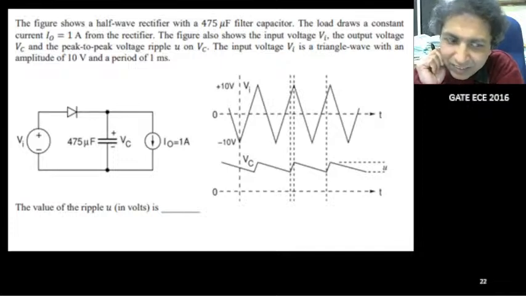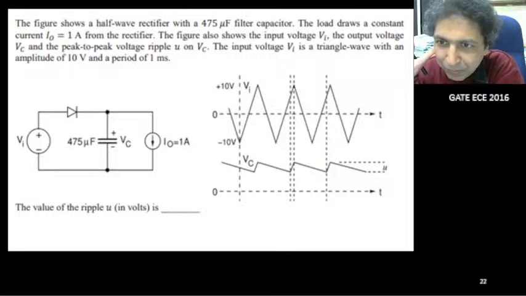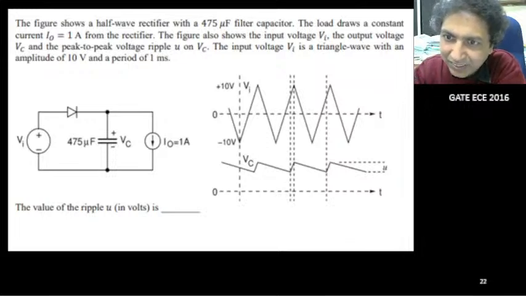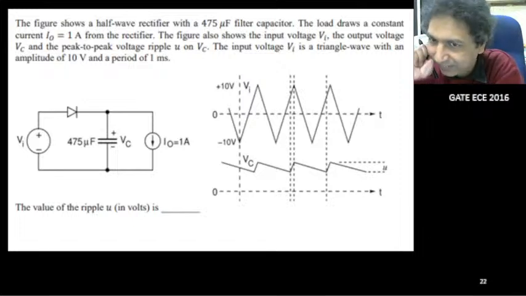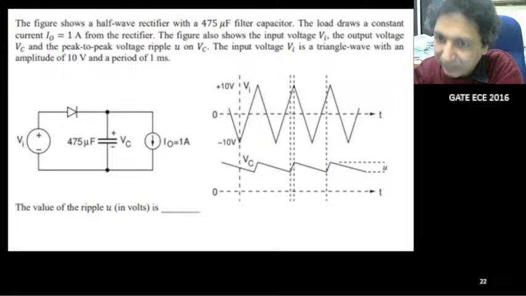Instead of a resistance, if I provide a constant current source, it is much easier. Actually, if a resistance is there, the capacitor will discharge. The same thing is happening with this current source. The capacitor will discharge in the opposite direction.